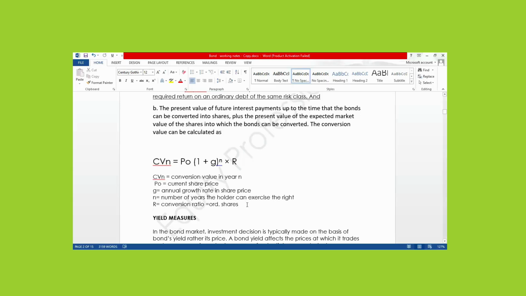You may be asked to value an irredeemable bond.